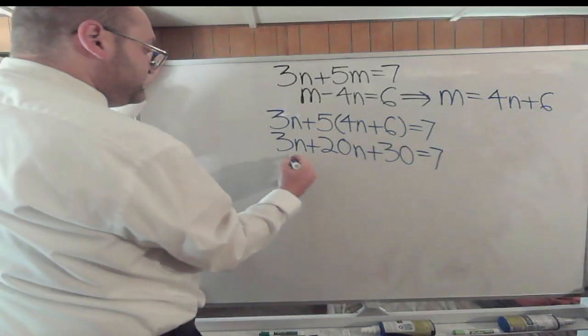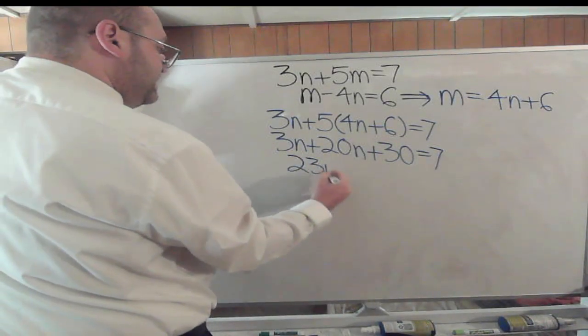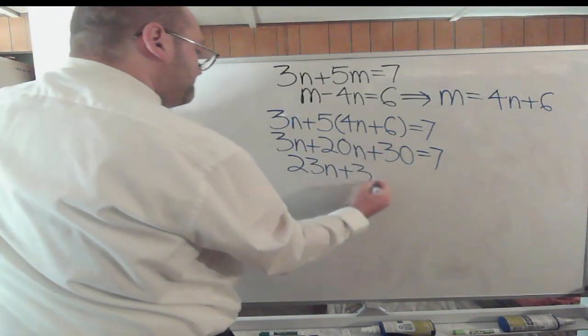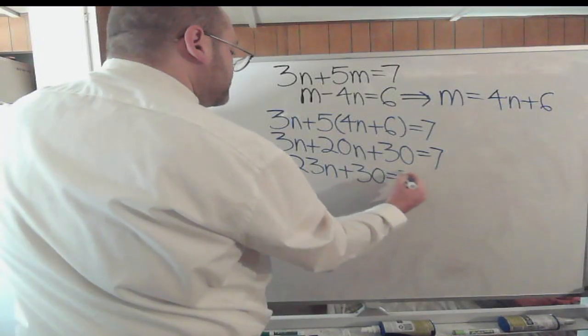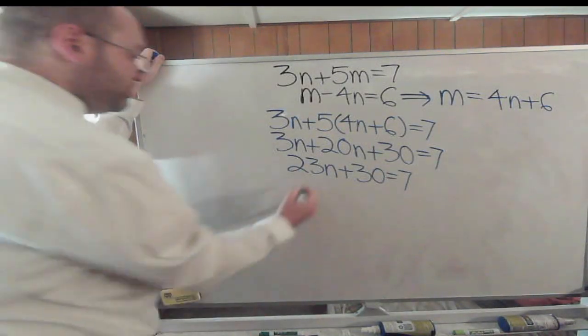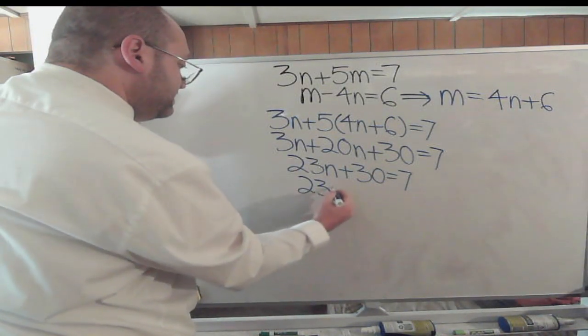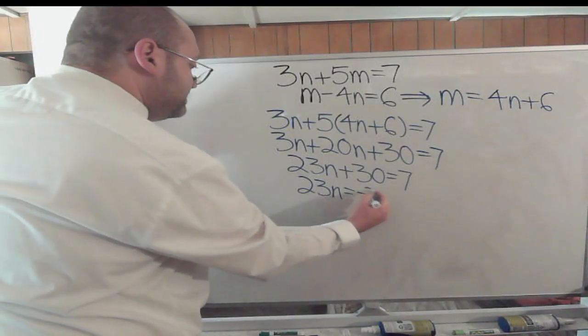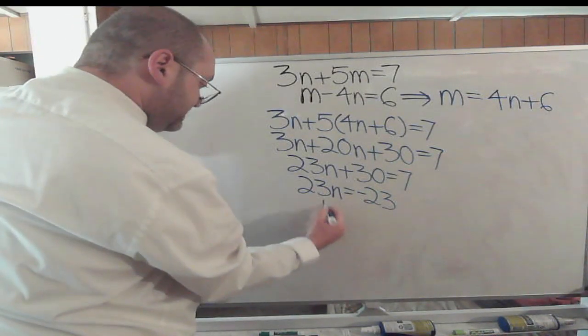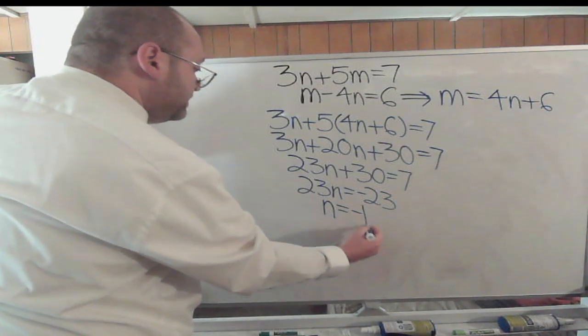So on the left hand side you would get 23n plus 30 equal to 7, which leaves 23n equal to negative 23, which means n equals negative 1.